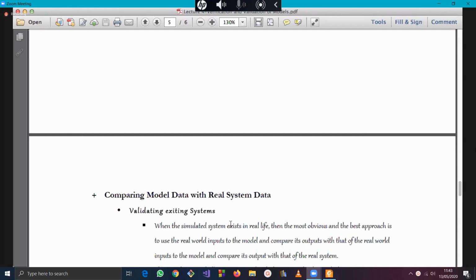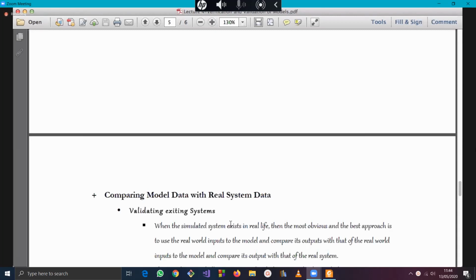So we can validate through existing systems. How do we validate an existing system? This is an important element for us to reflect on. If you went somewhere and there is a system that is put in place, we normally say that system must have been put in place to do something.